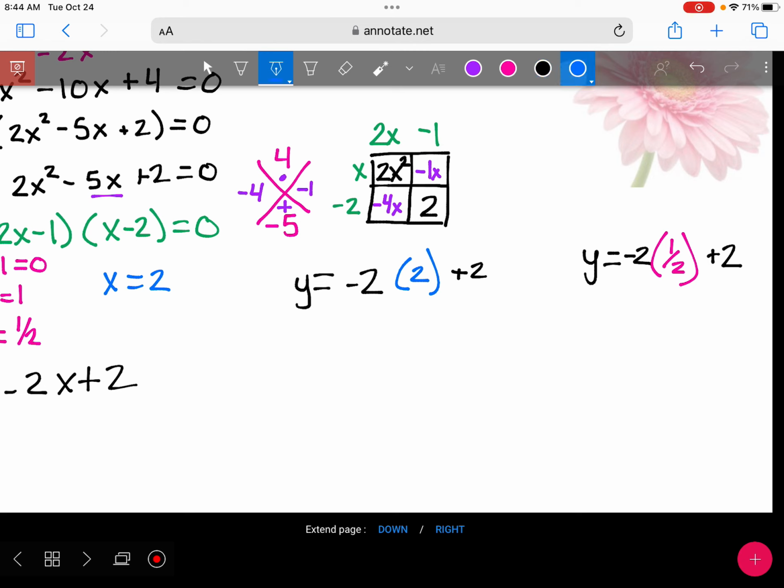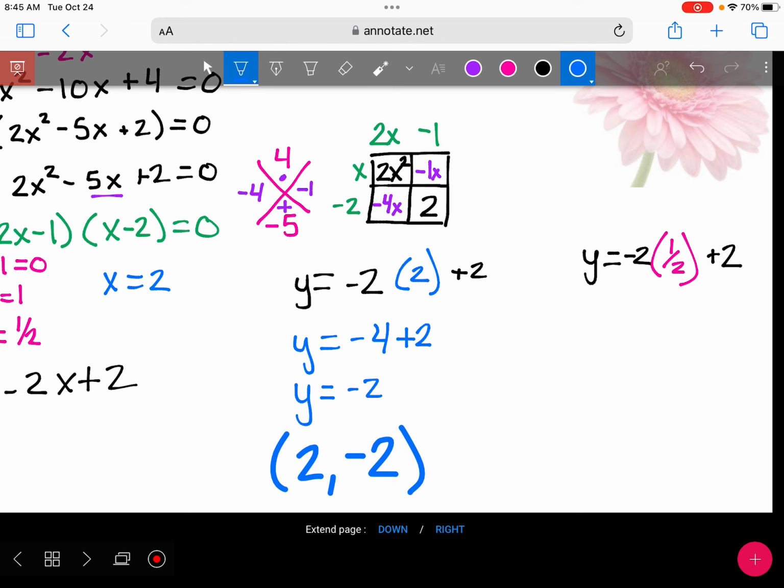So for my left one, for my blue one, we're going to simplify this. Y equals negative 2 times 2 is negative 4 plus 2. So what's my y value here? Negative 2. So we have a solution of 2, negative 2. Now let's do the one on the right, the pink one.